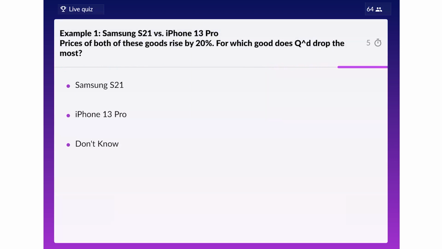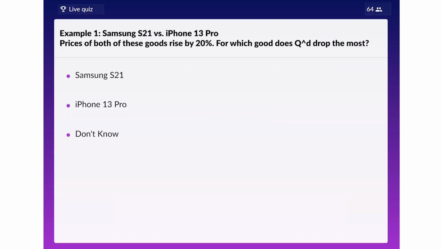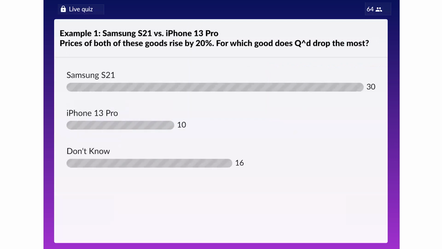Okay, you have 5 seconds, so please make your guess. Okay, time's up. Let's look at what you guys think. The majority of you say Samsung S21. Some say don't know. Some say iPhone 13 Pro. And the answer is the Samsung S21.